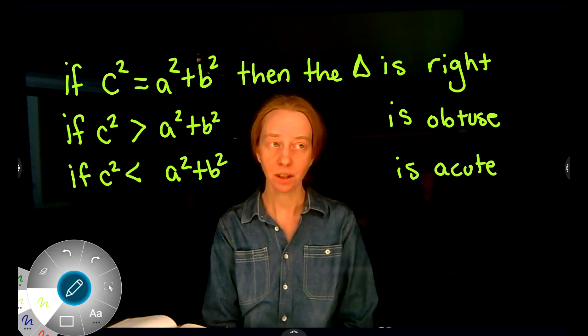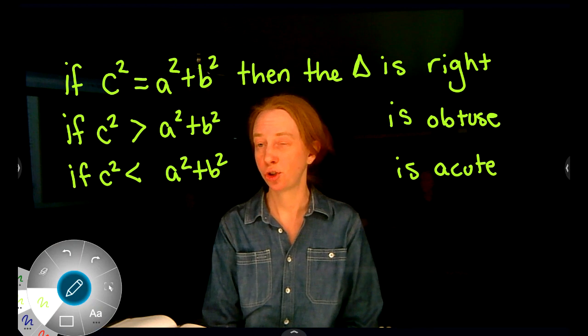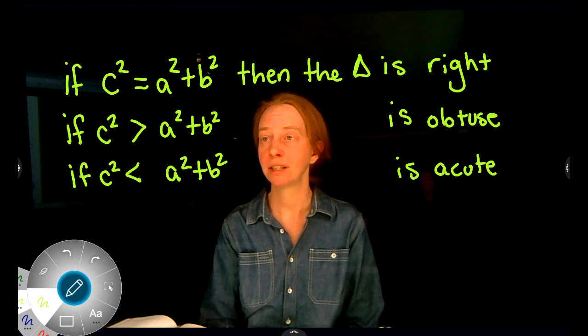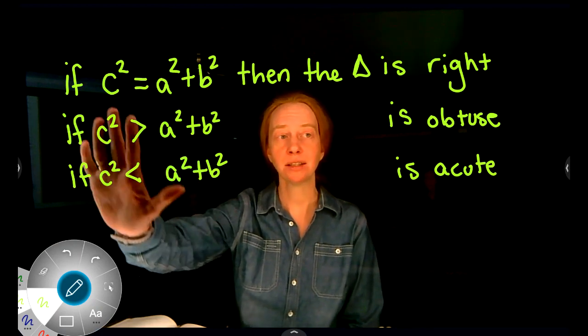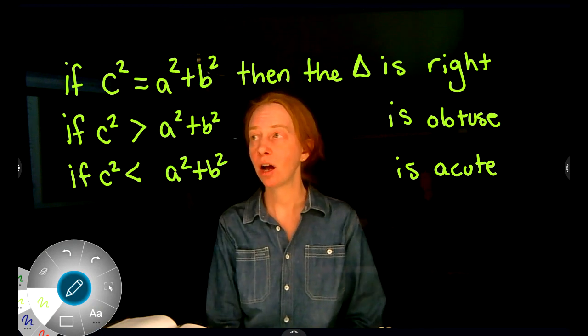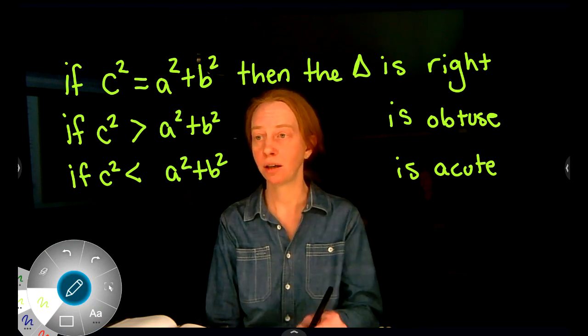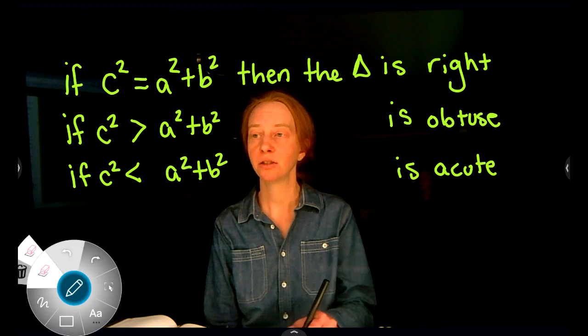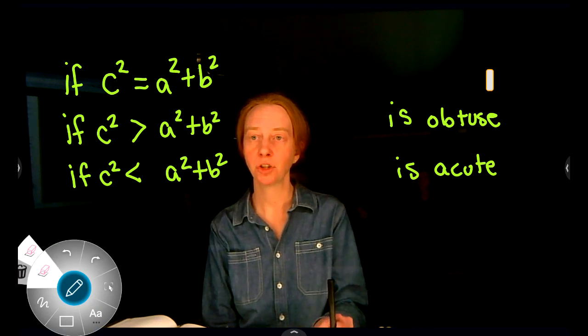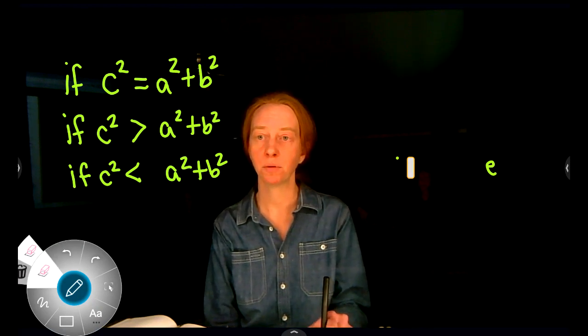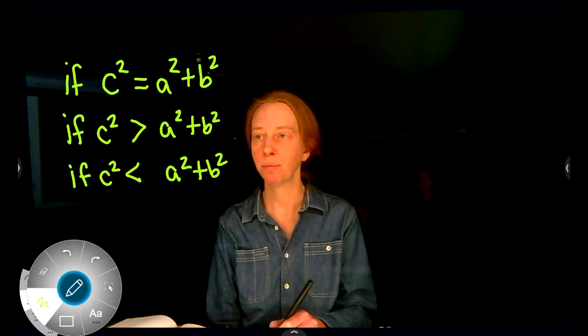Now, the biggest tricky thing I find students have is how to put these in order. So let's talk about what we're doing here. I'm going to make this just a little bit smaller for myself, just so that I have plenty of room to write an example problem.